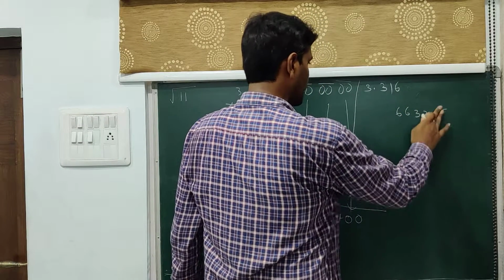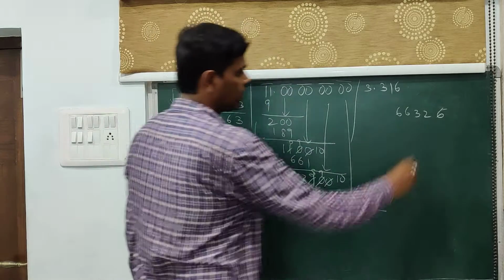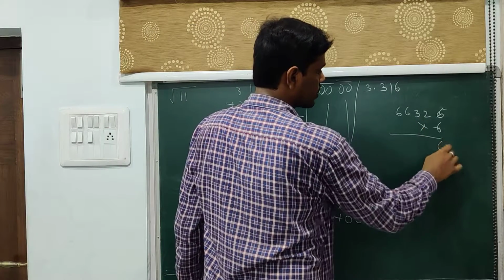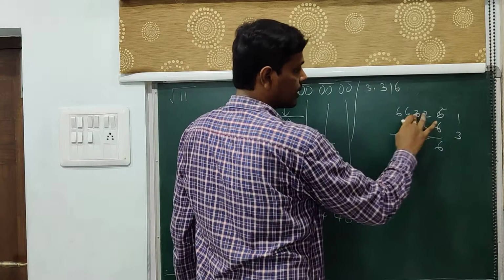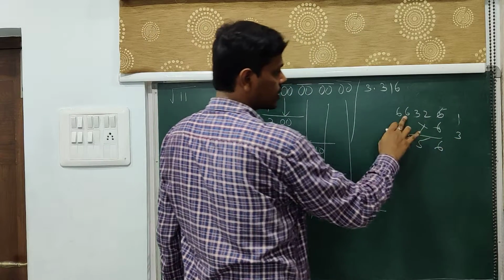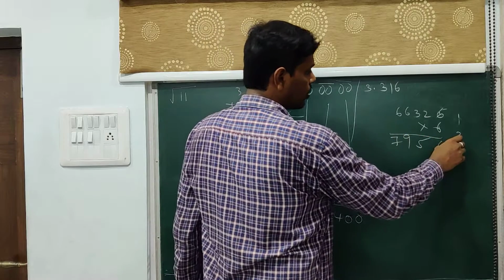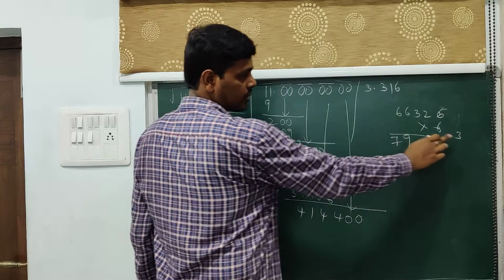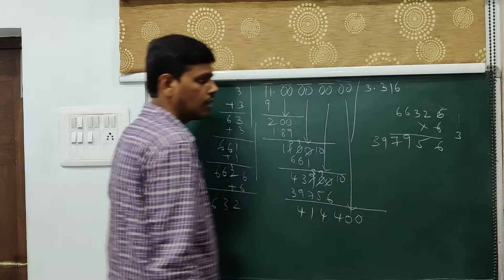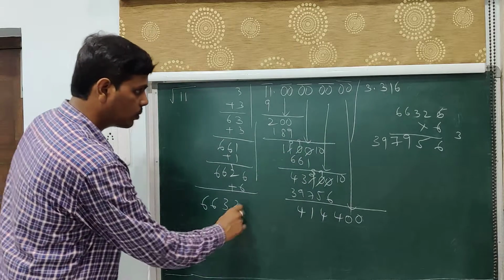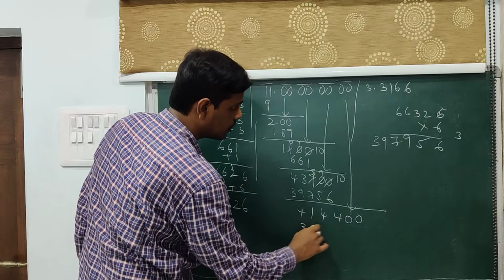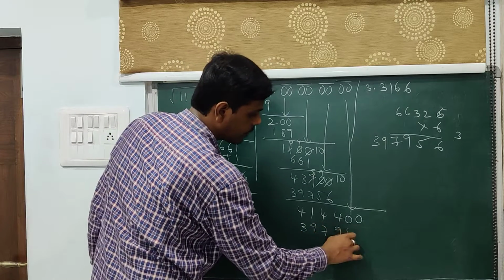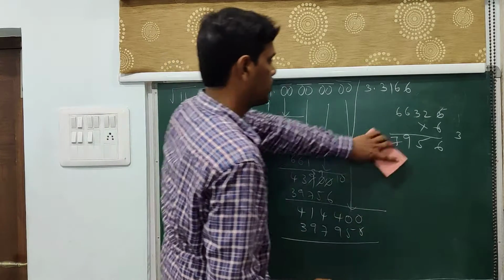Suppose I take 6: 6 6 is 36, 6 2 is 12, 12 plus 3 is 15, 6 3 is 18, 18 plus 1 is 19, 6 6 is 36 plus 1 is 37, 6 6 is 36, 36 plus 3 is 39, and that is the closest. So take 6 here, then this is 3 9 7 9 5 6.